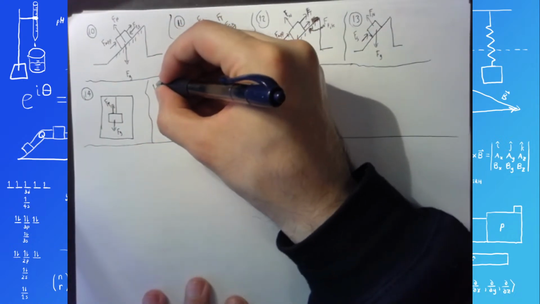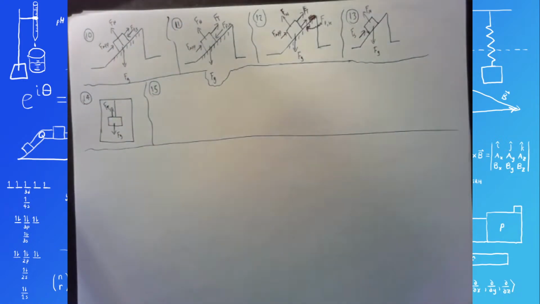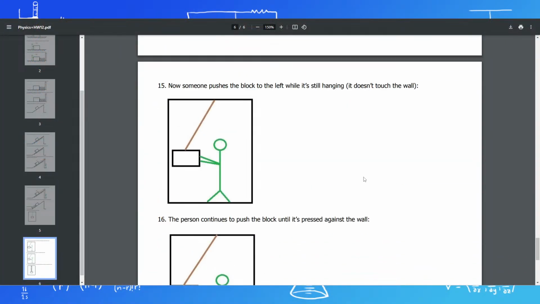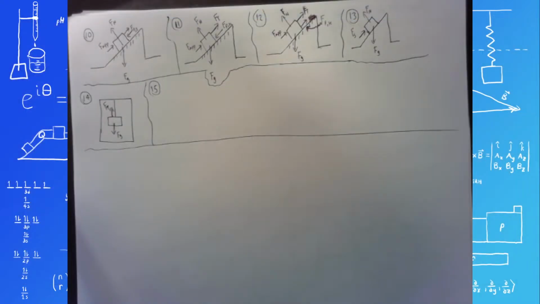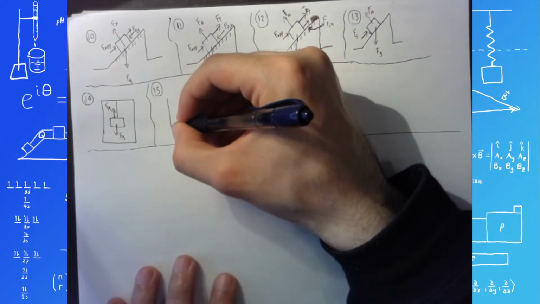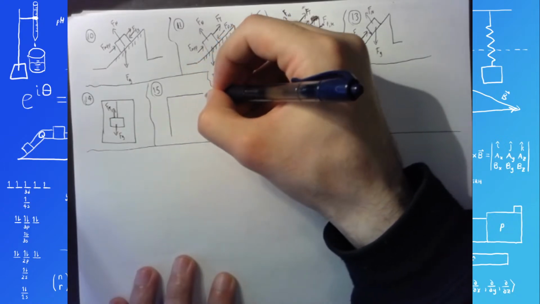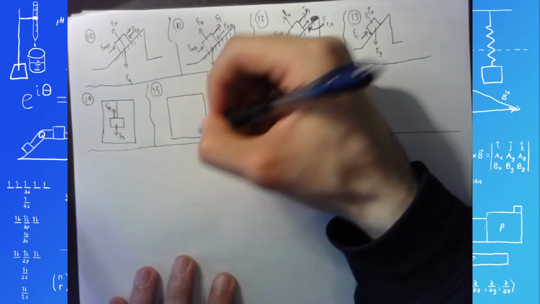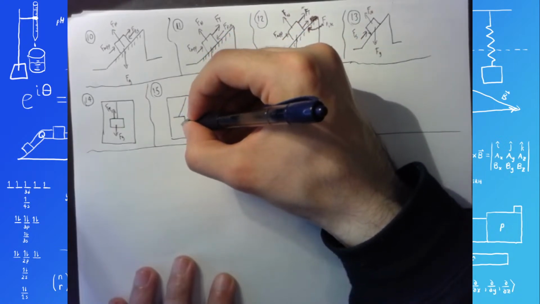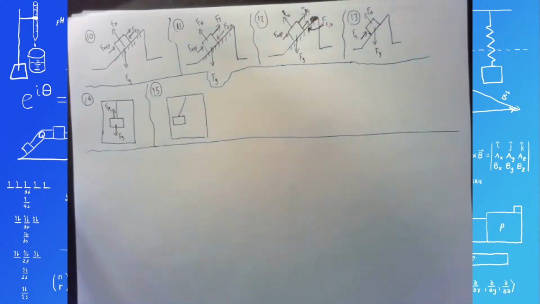Scenario 15. Now someone pushes the block to the left while it's still hanging. It doesn't touch the wall. Okay, so now the object looks like this.